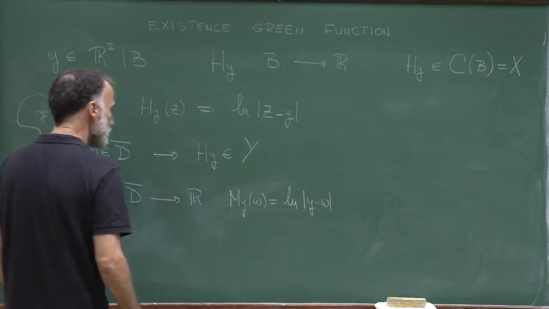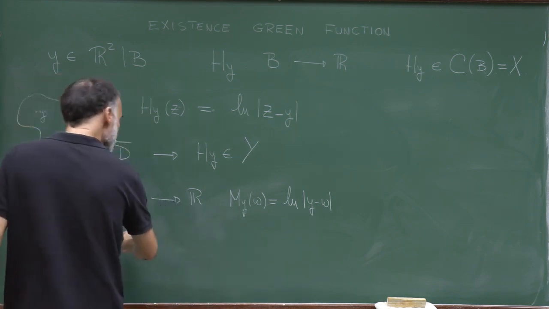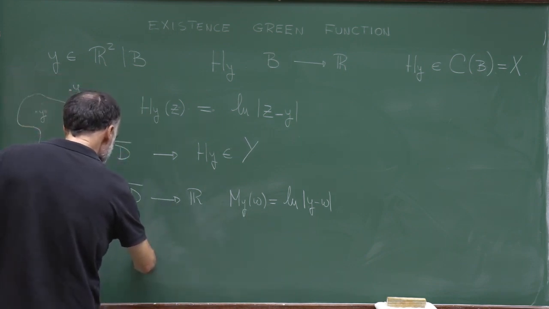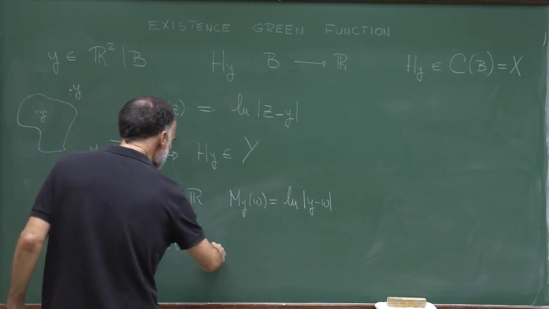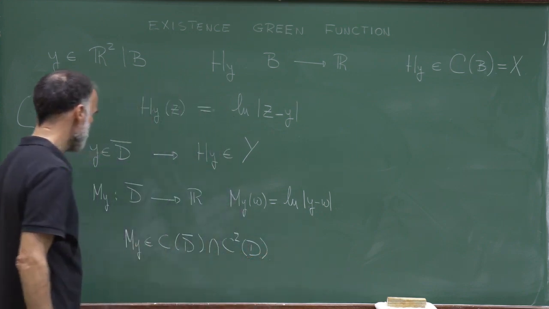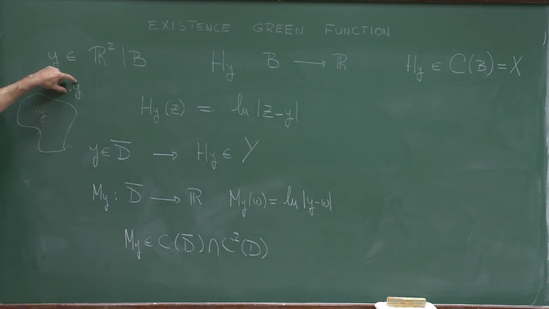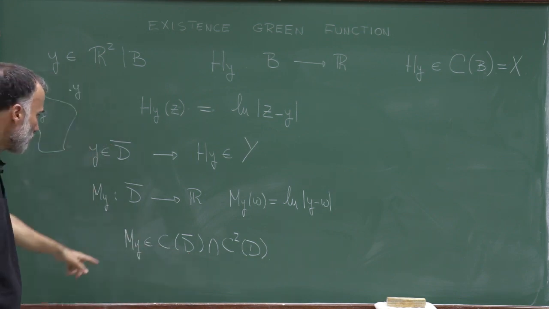A simple computation, since y is an exterior point, shows that m_y is a continuous function up to the boundary, and it's a smooth function, so in particular it's a C2 function on D. You fix y an exterior point, now you look at the function log |w minus y| inside D, and you get that this function is smooth, and it's also continuous up to the boundary.